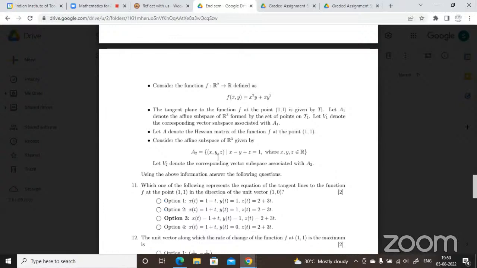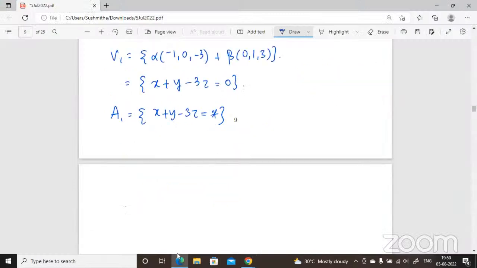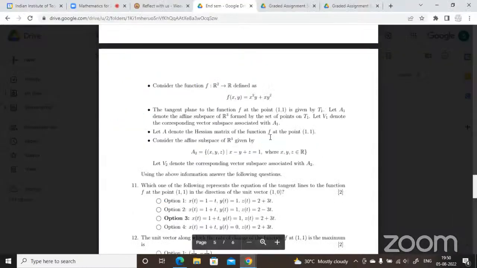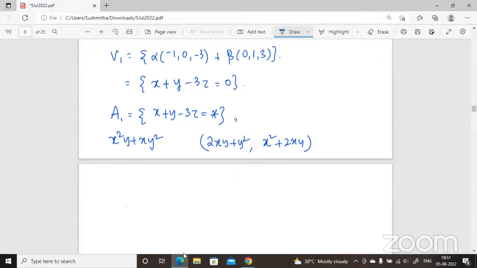Okay. I think we'll quickly do that. x squared y plus xy squared. The partial derivatives are 2xy plus y squared, comma x squared plus 2xy. And what is the point? The tangent plane of the function at the point 1, 1. So that's 2 plus 1, 3, comma 3.